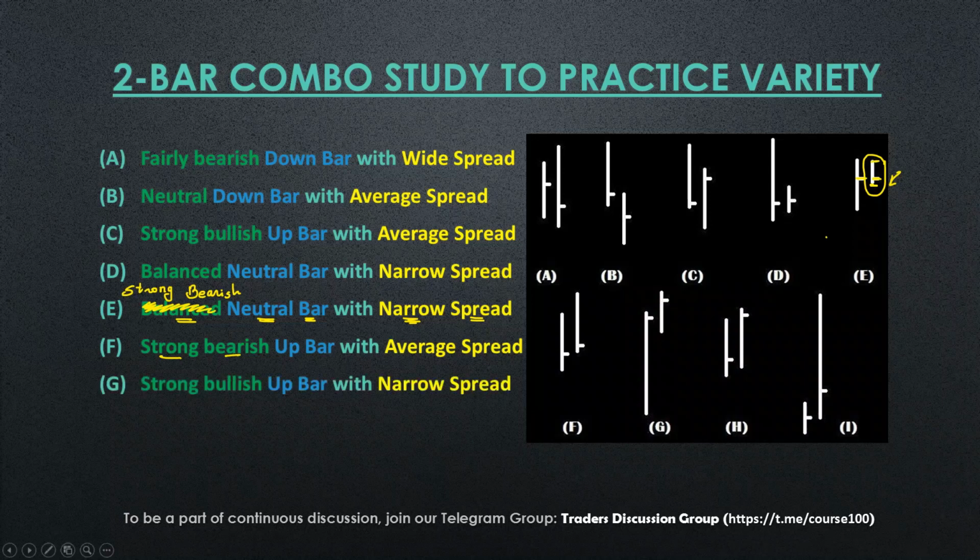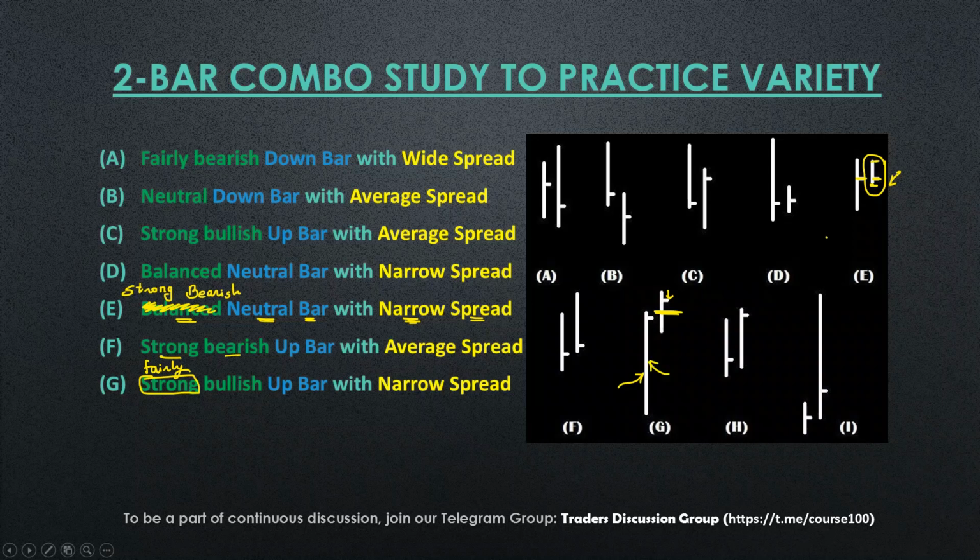Now next is closing near the highs. Right. In this case, just observe carefully. That's my middle. Closing is off the highs. So here if you say it's not a strong bar but a fairly bullish bar, then it won't be wrong. It is still correct. But looking at the context of the previous bar, you can see strong buying is there.